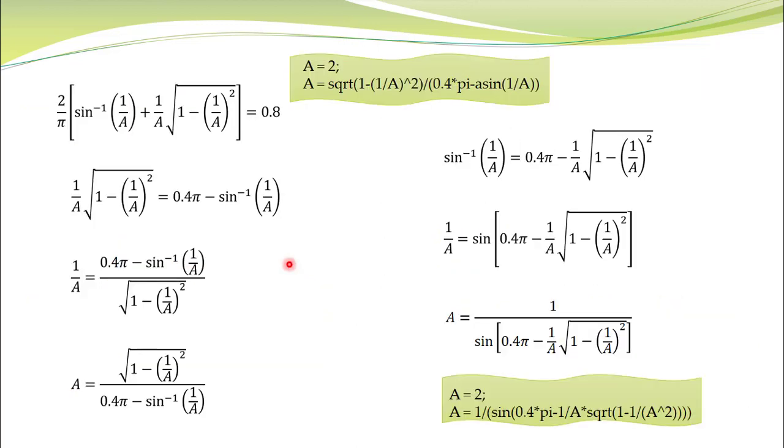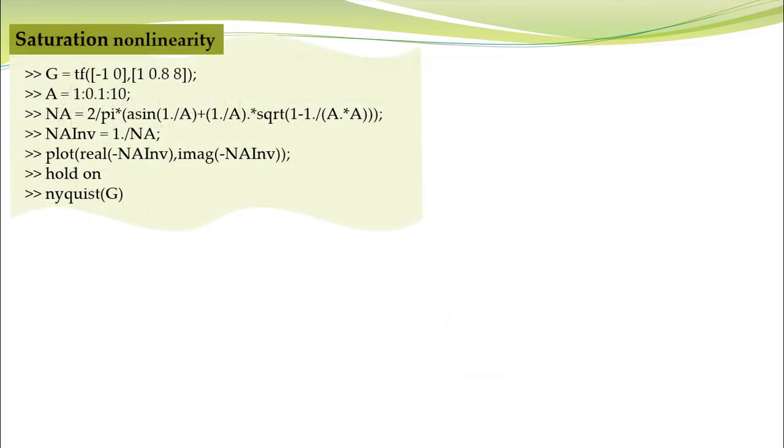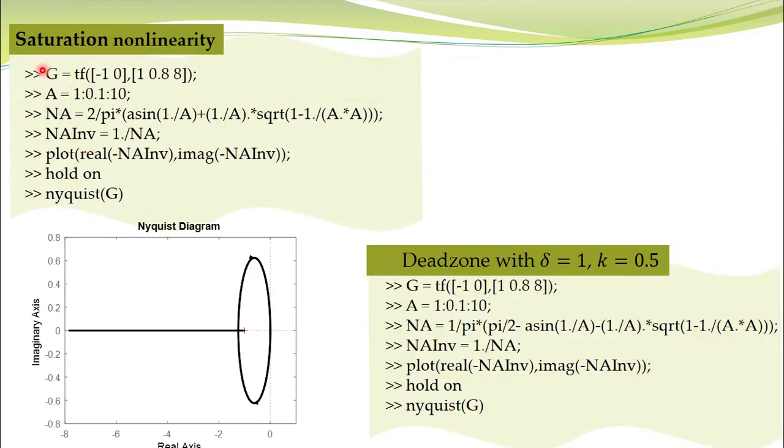And you can also solve it graphically using MATLAB. This is code for saturation nonlinearity, the transfer function of the system, and a is taken from 1 up to 10, and then the describing function, inverse of the describing function, and plot of the describing function in the complex plane with real part on the horizontal axis and imaginary part on the vertical axis.